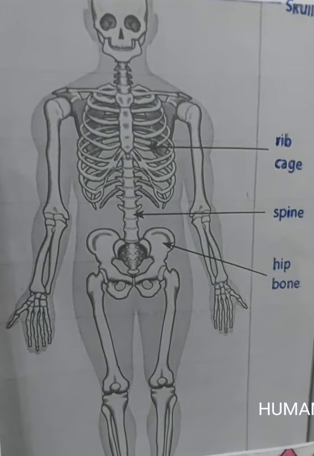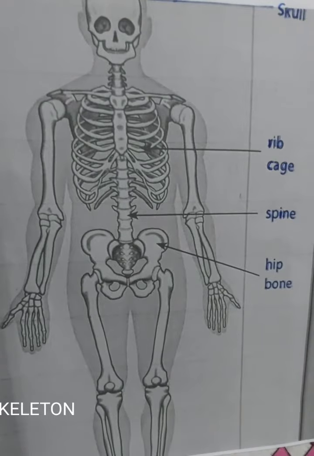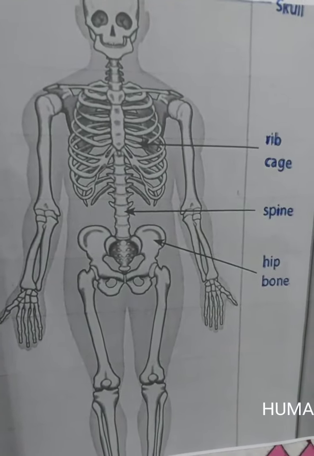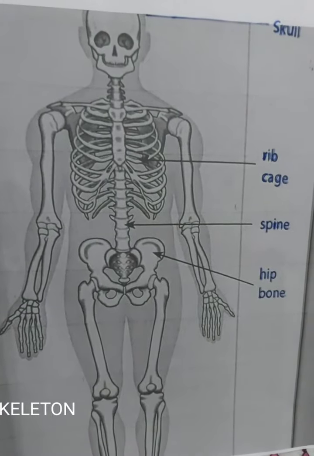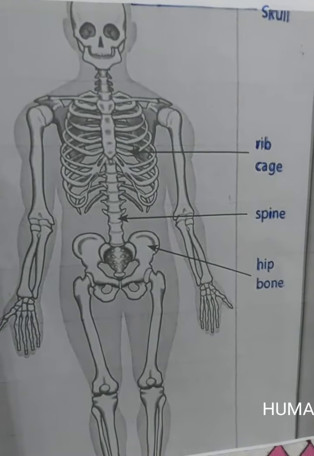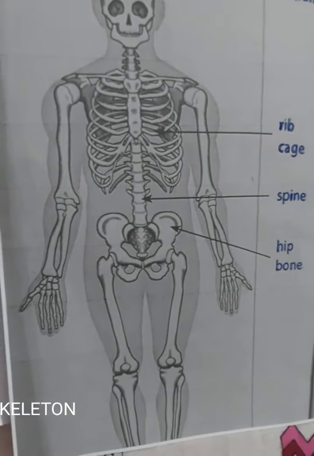The inner portion of the bones is filled with soft bone marrow. This bone marrow produces the red blood cells, white blood cells, and the platelets.